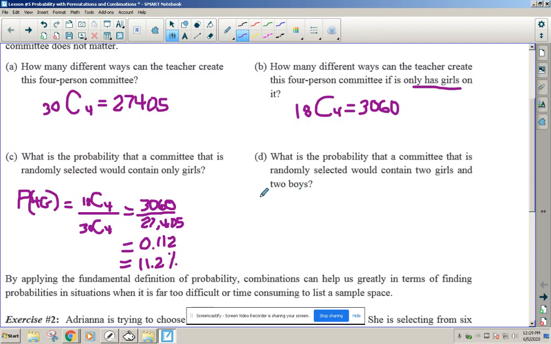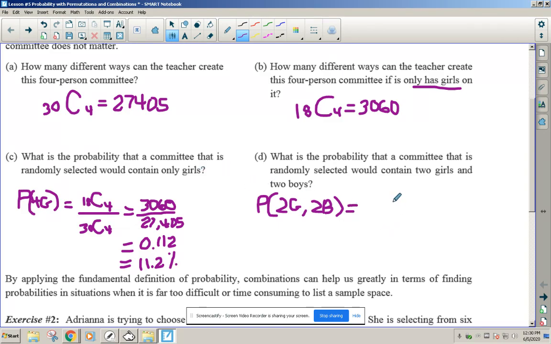But if we change it now and we say, well, what's the probability that this teacher decides to have 2 girls and, remember, and is a comma, 2 boys? Well, that might make things a little bit better, in terms of the chances of this happening.